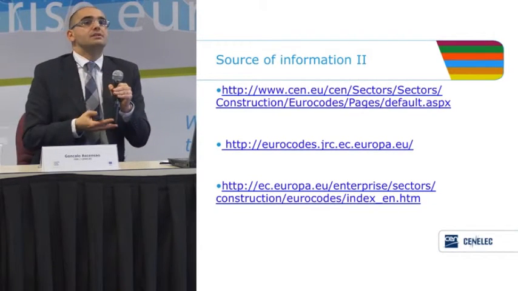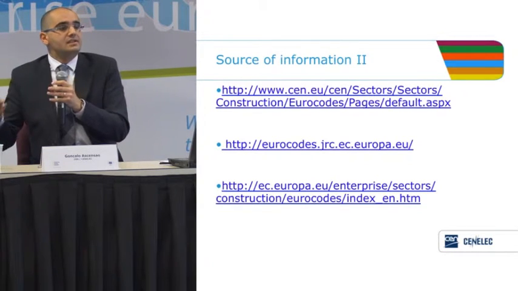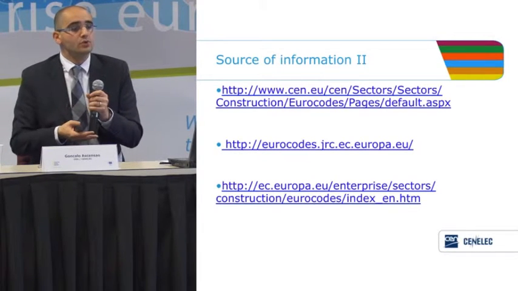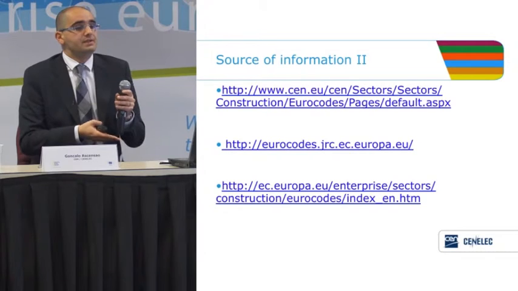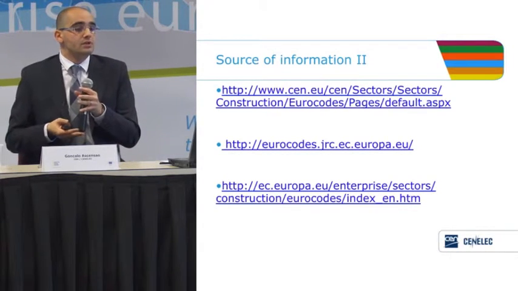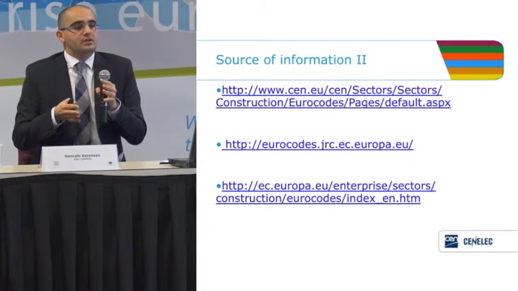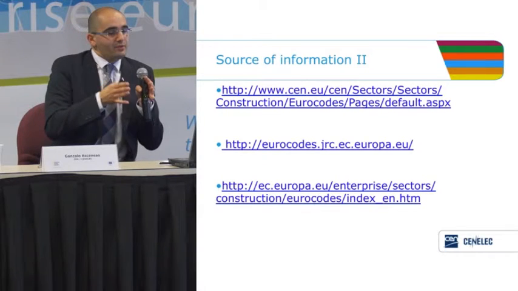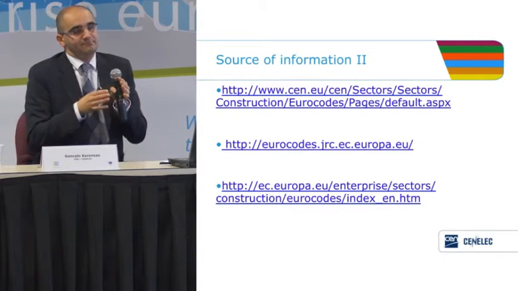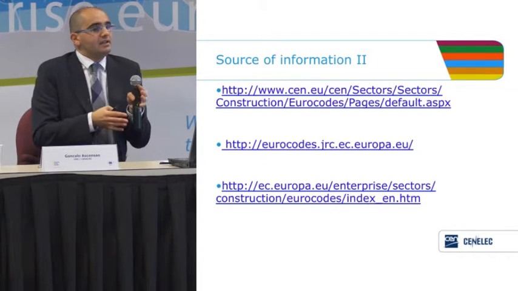There is a Commission communication advising the member states to adopt the Eurocodes as national design rules. There are some member states that have done that. For instance, Germany is completely referring to the Eurocodes, but there are still some other countries that haven't done that. So, harmonized standards for construction products are in a way mandatory for the CE marking.